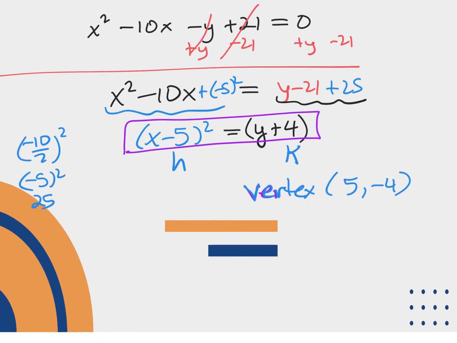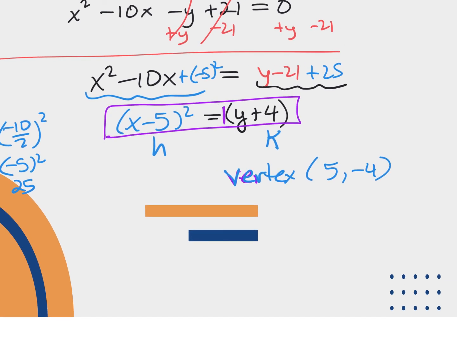I also need to find my p-value. Remember, the p-value is what number would have been right here in front, and there's nothing there, so I assume it to be a 1. So I set 4p equal to 1, divide by 4, and p equals 1/4.